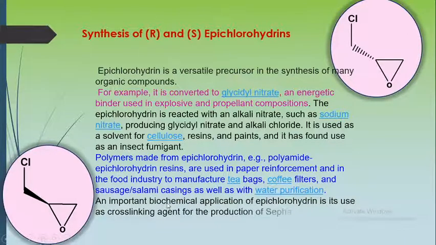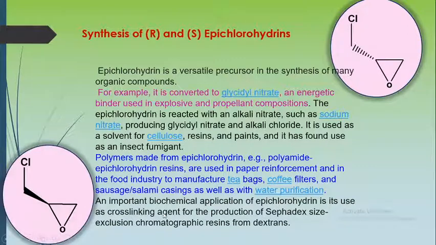An important biochemical application of epichlorohydrin is its use as a cross-linking agent for the production of Sephadex size exclusion chromatographic resins from dextrans. These are the applications of the R and S epichlorohydrins.